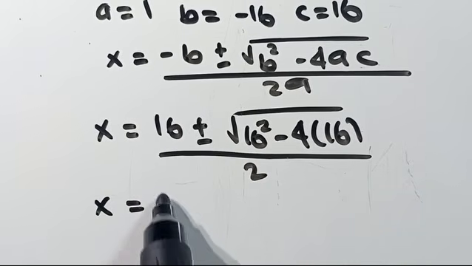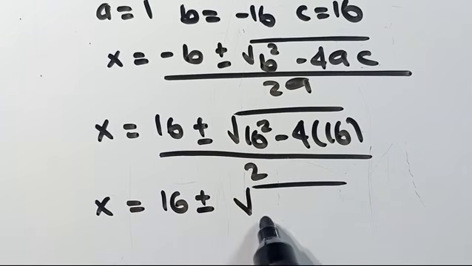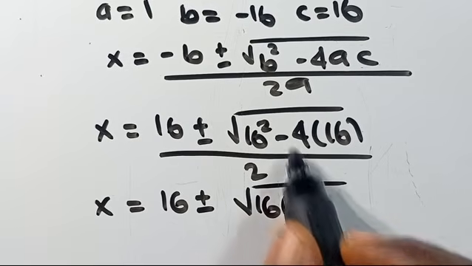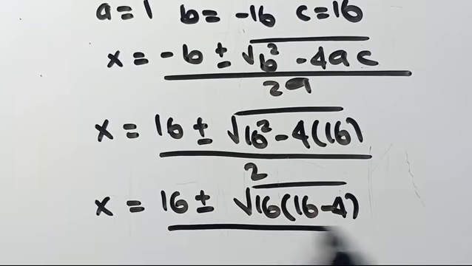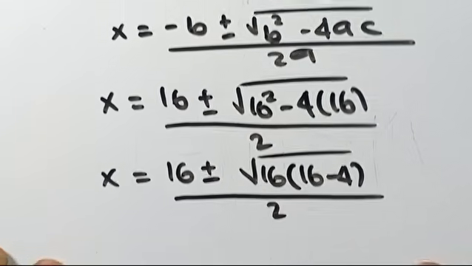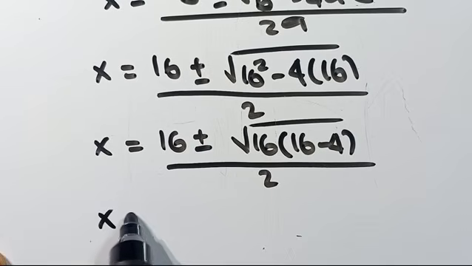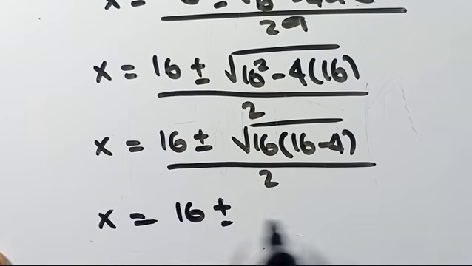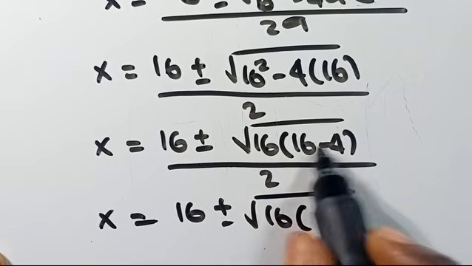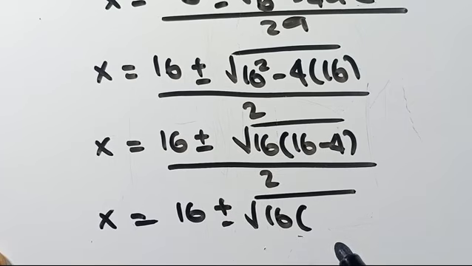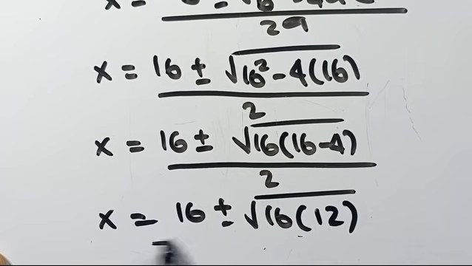We have x equals 16 positive or negative. Here is 16 squared. We can factor it out to be 16 into, then here will now be 16 minus 4 over 2. Here will be x, 16 positive or negative, 16 times 16 minus 4, that is 12, over 2.